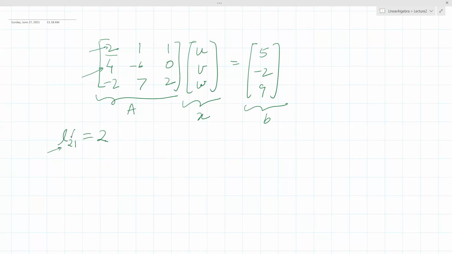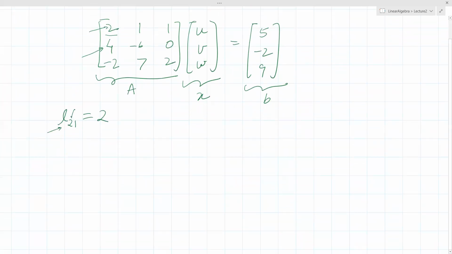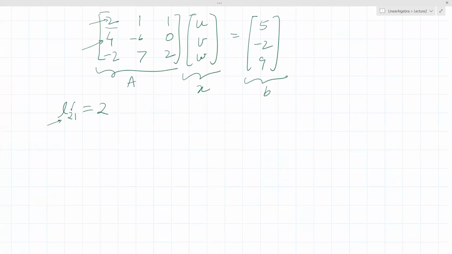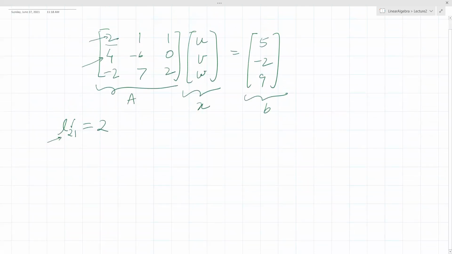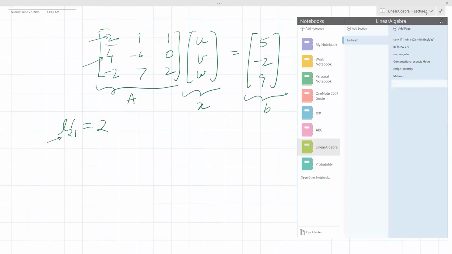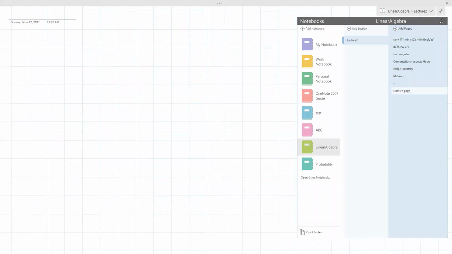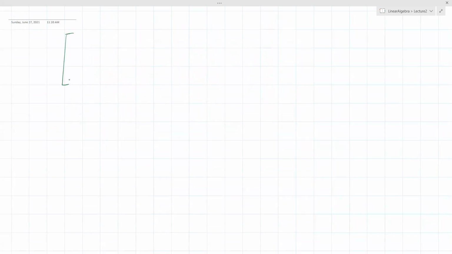Now let us look at an arbitrary case. Let us move on to the next page. Let us say our A is equal to A11, A12, A13, A21, A22, A23, A31, A32, A33.